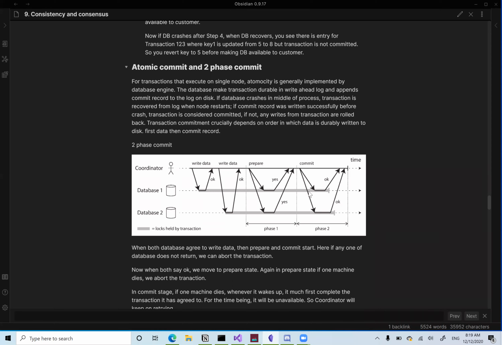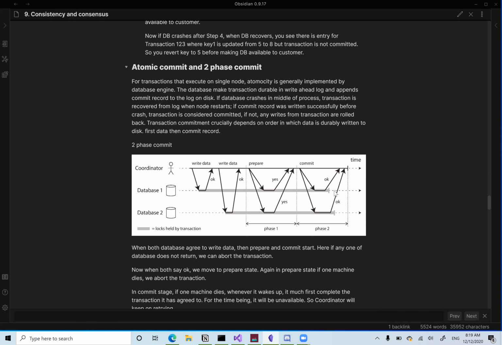The values are in the locked state, so anyone who reaches them has to wait, and after the lock is released, they would have heard back from the coordinator and would know the decision was to commit, so the database will have the right value.